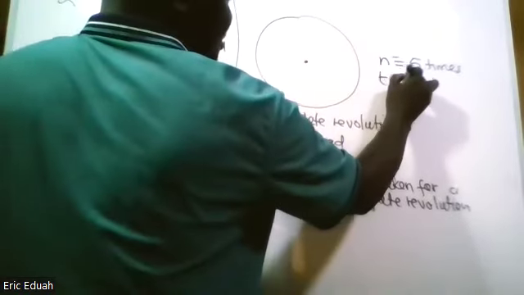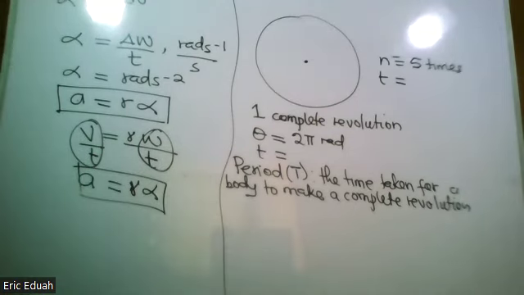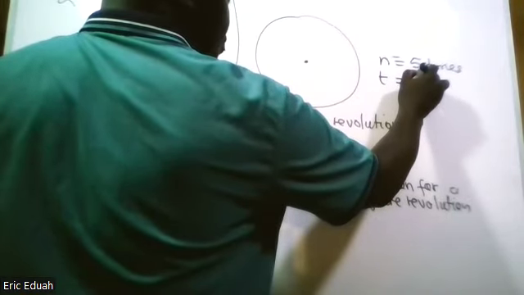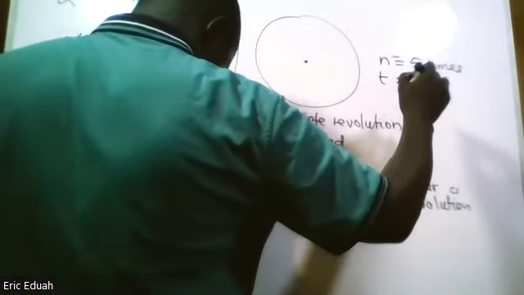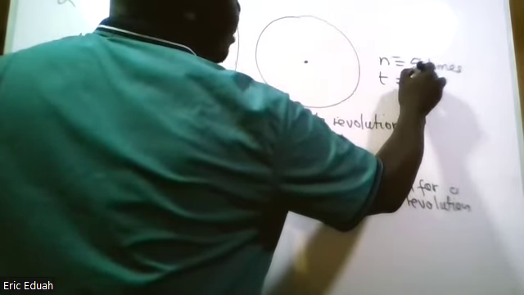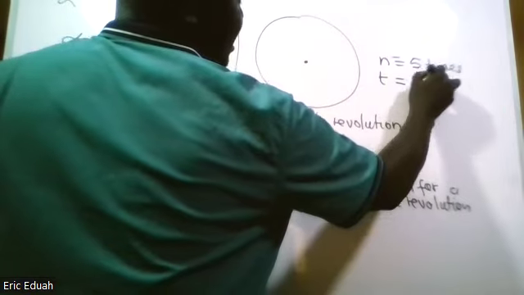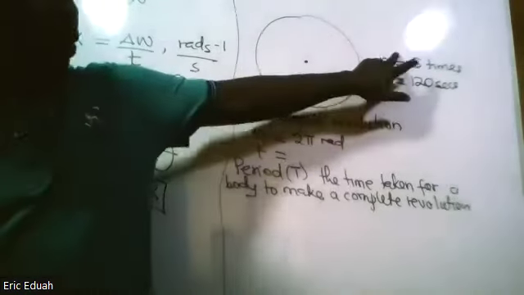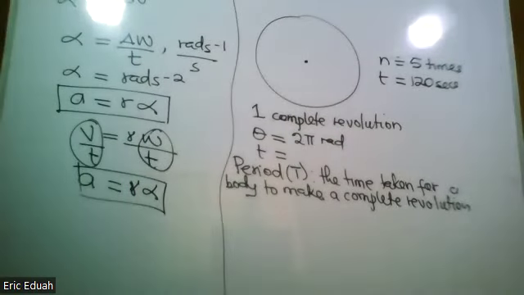Assuming the total time Lizzie takes to make the 5 complete revolutions is 2 minutes. 2 minutes in seconds is equal to 120 seconds. So you see, you used 120 seconds to go around the circle 5 times.